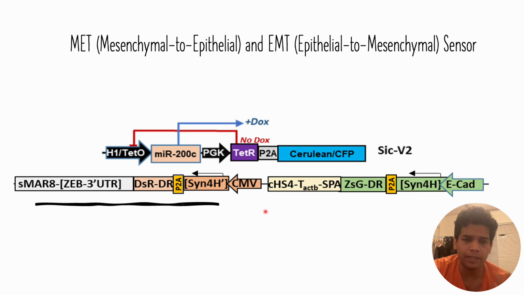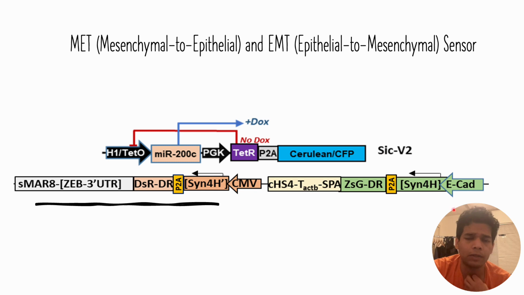However, let's consider the other case, when doxycycline is not introduced. Then ZEB1 will continue to inhibit the epithelial genes. So E-cadherin will not be translated, as ZEB1 will suppress the translation of the E-cadherin gene.